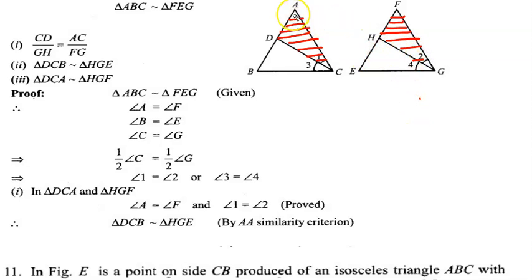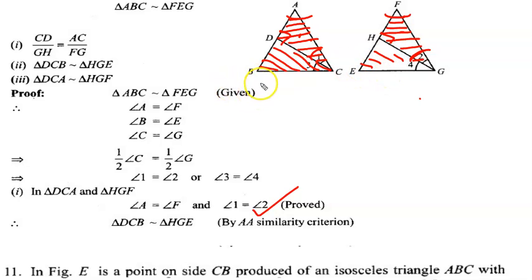Angle A is equal to F, given because the two triangles were similar. Angle 1 is equal to 2, just proved. So we meet the AAA similarity criterion, and these two triangles are similar. Similarly, we can also prove that these two triangles are similar.